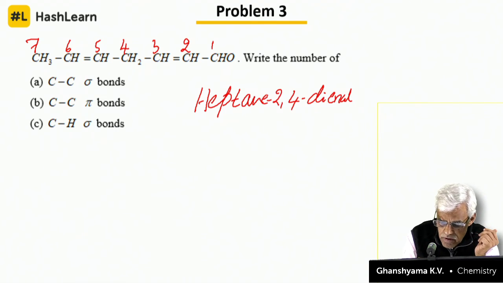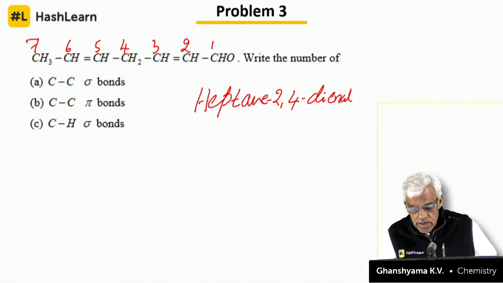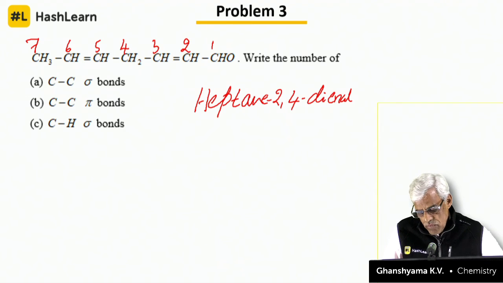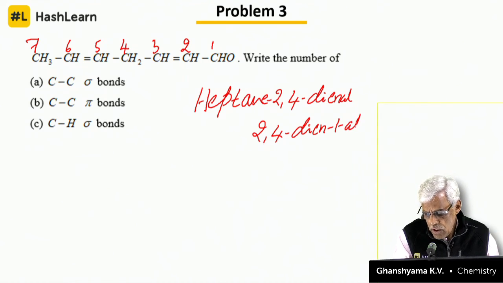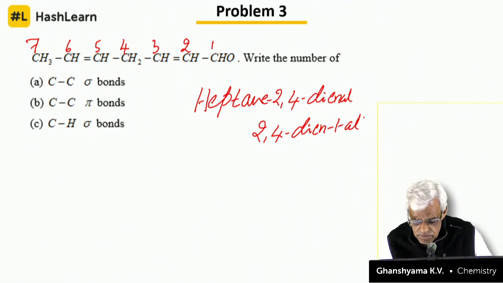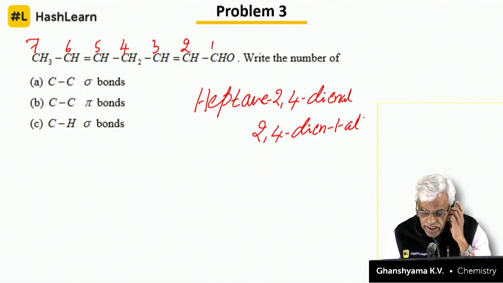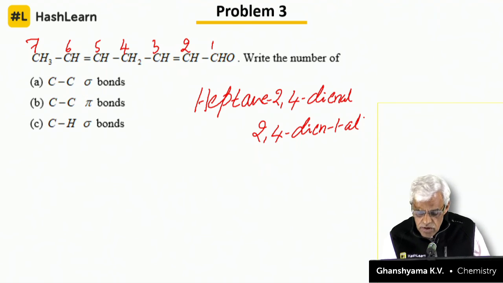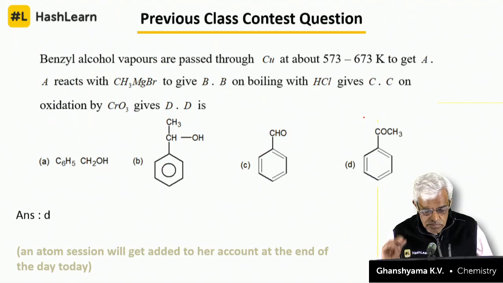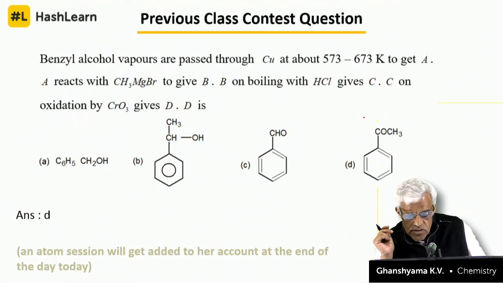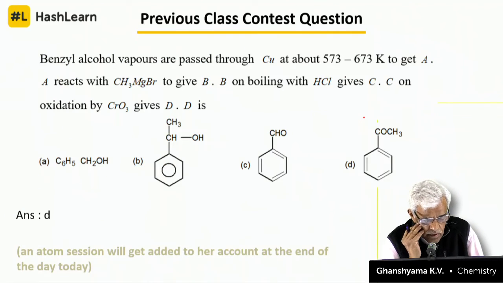So, it should be E, heptane 2,4-dienal, or you can write hepta-2,4-dien-1-al. Some of the books suggest this method also. So, heptane 2,4-dienal or hepta-2,4-dien-1-al. Okay.